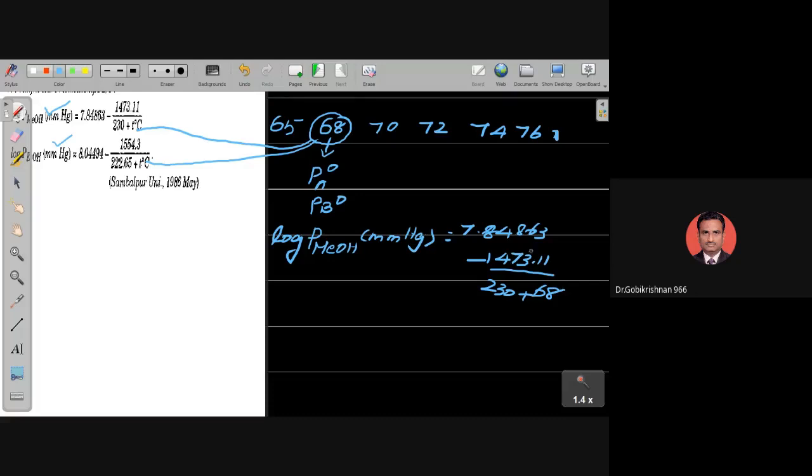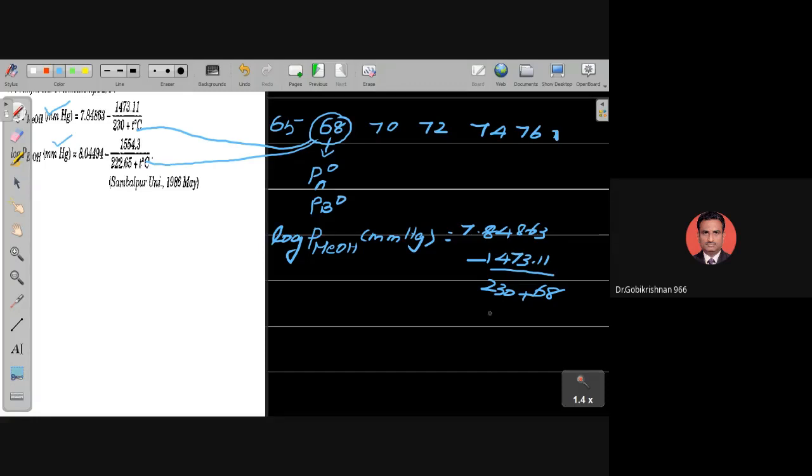Then, whatever value you get, you have to take the anti-log, base 10. That will give you the vapor pressure of methyl alcohol at the selected temperature, 68 degrees.